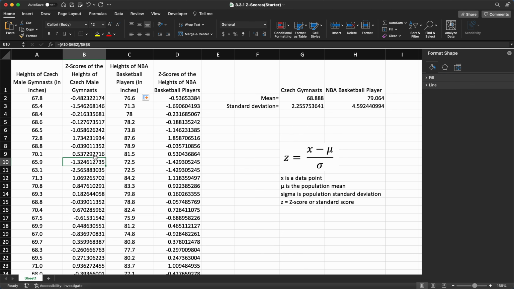Okay, here's one that's really close. So you can see that someone who's 70.1 inches as a Czech gymnast would look just as tall compared to his peers as this 81.5-inch basketball player. Now this 81.5-inch basketball player is only slightly taller than the average.